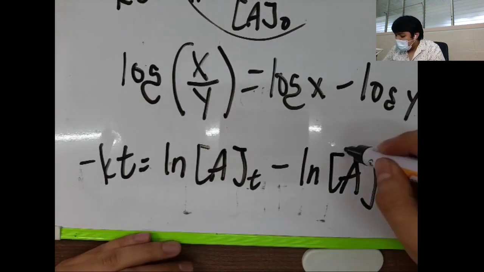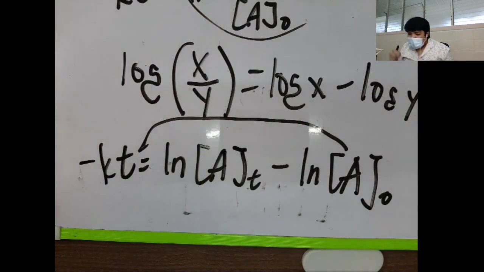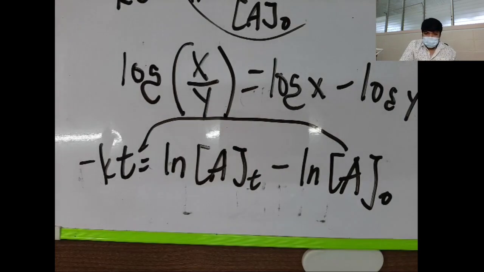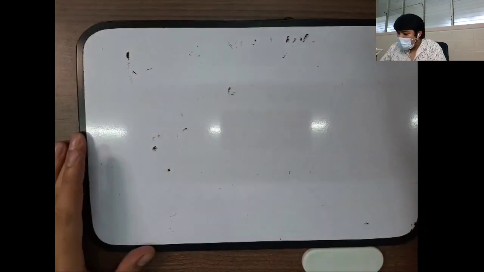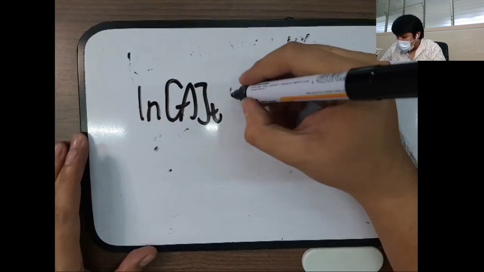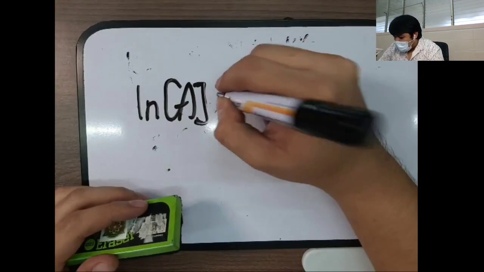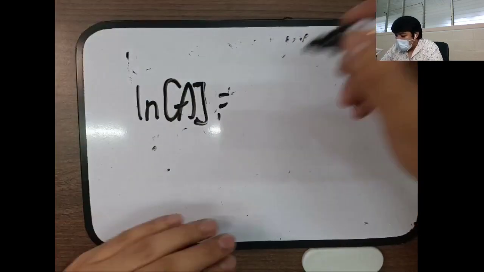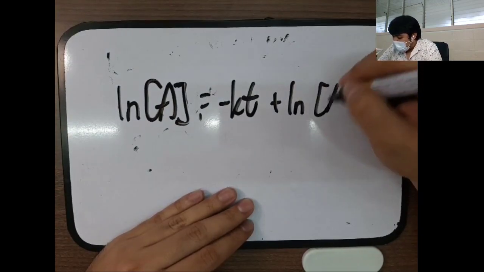Okay, transpose this one on the other side of the equation, and you will get this final equation: ln At, or in some books just ln A, equals negative kt plus ln A null.